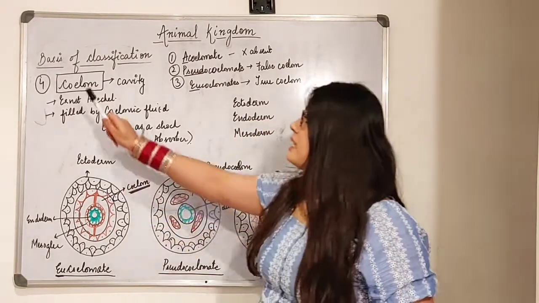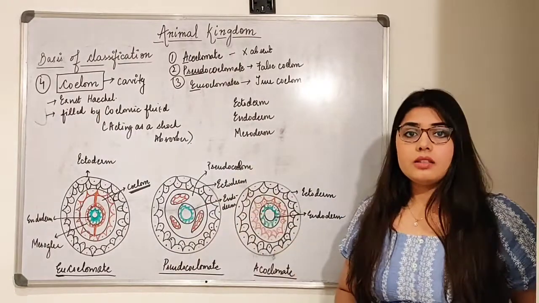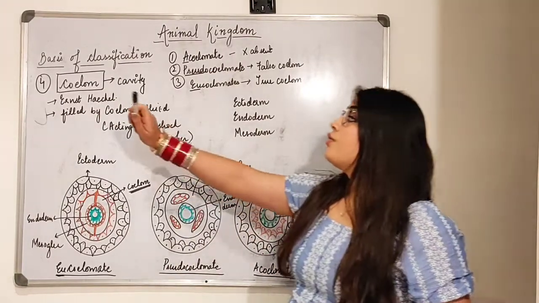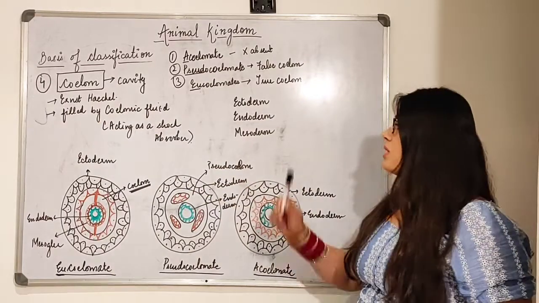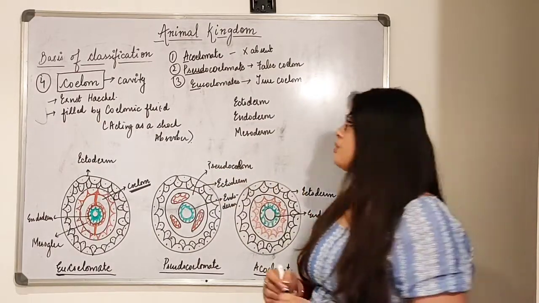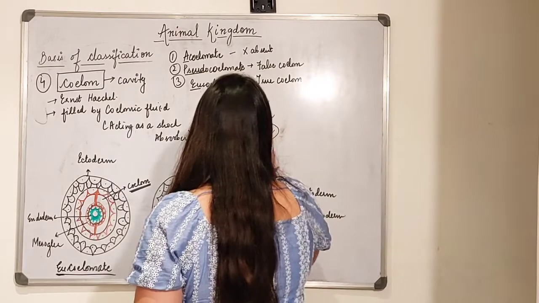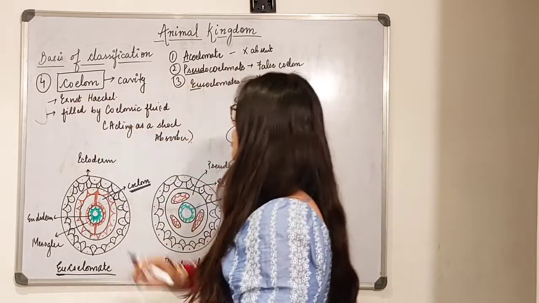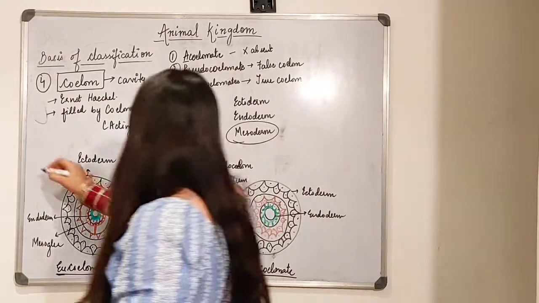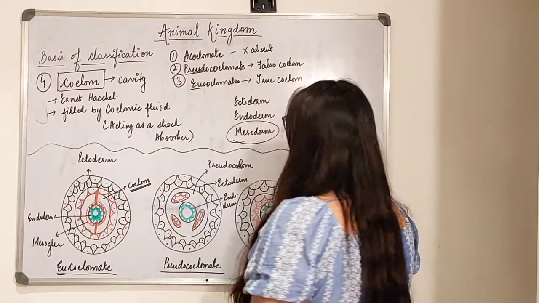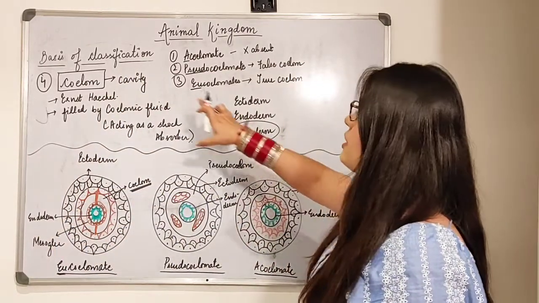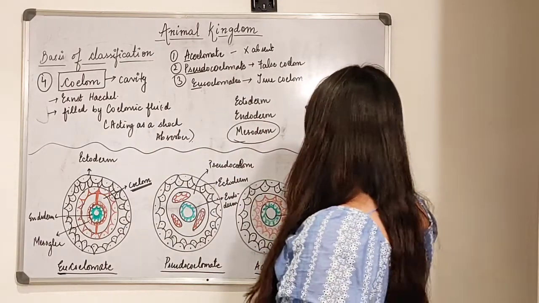For the formation of this cavity, the coelom, what is important? Mesoderm. The mesoderm plays a very, very important role in the formation of coelom. How is it being formed?